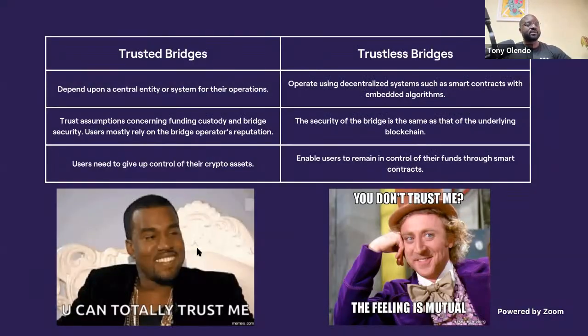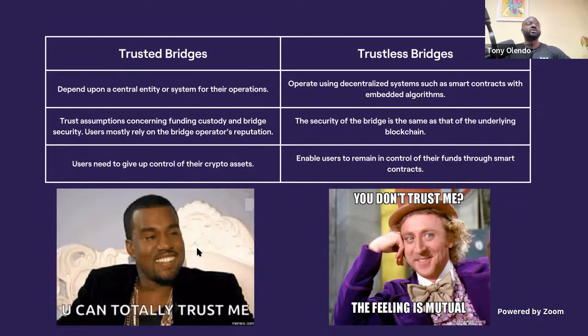There are many types of bridges that exist, and they can be broadly classified into two types. First, you have trustless bridges, like the LxLy bridge. They operate using decentralized systems such as smart contracts with embedded algorithms. The benefit is that the security of the bridge is the same as that of the underlying blockchain.